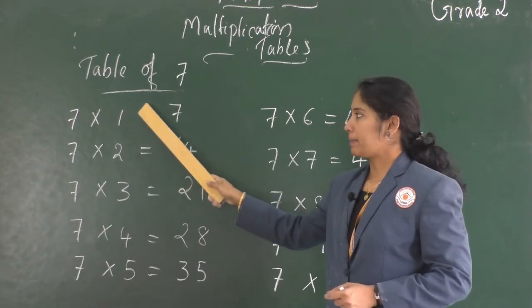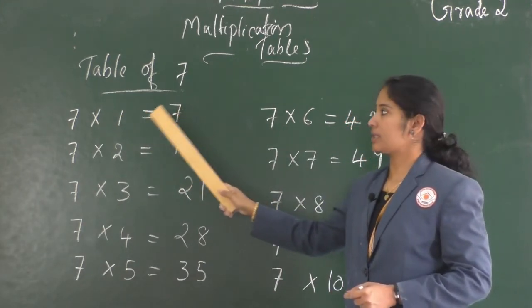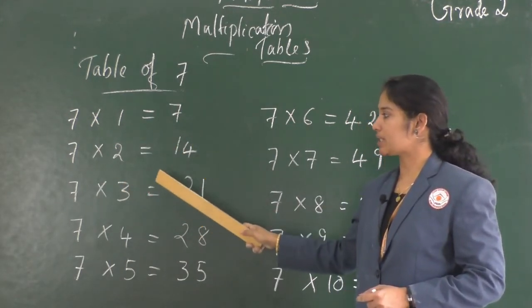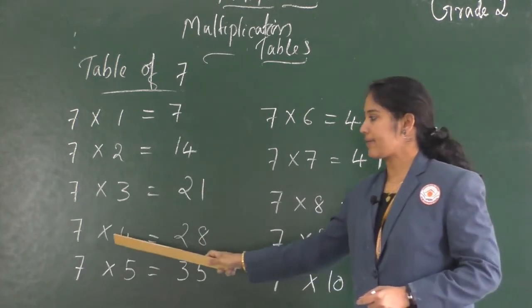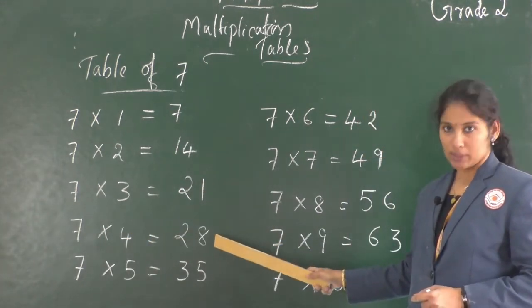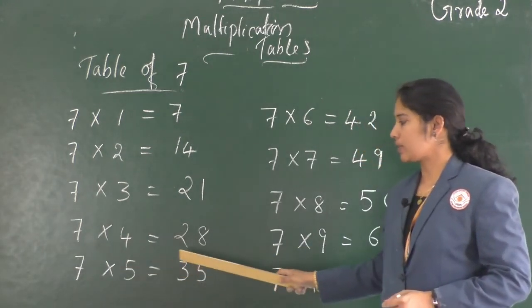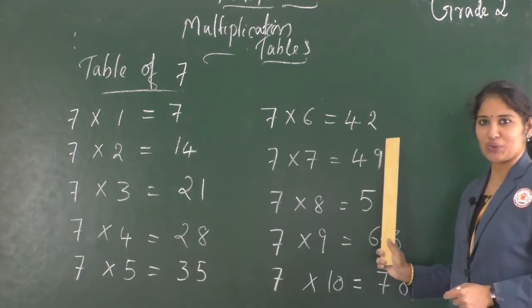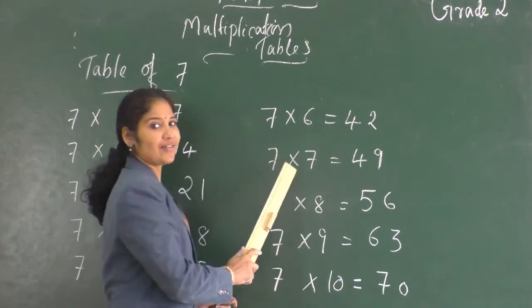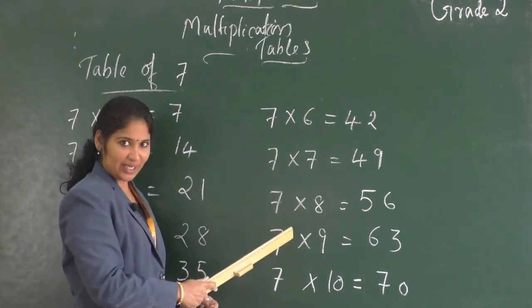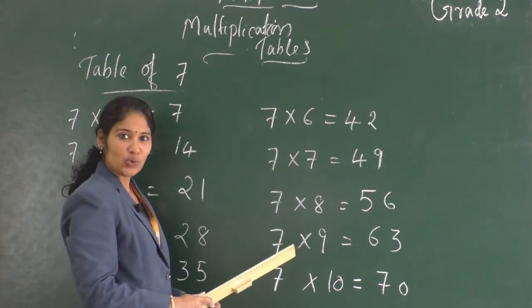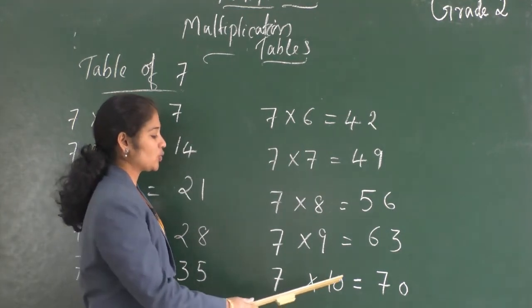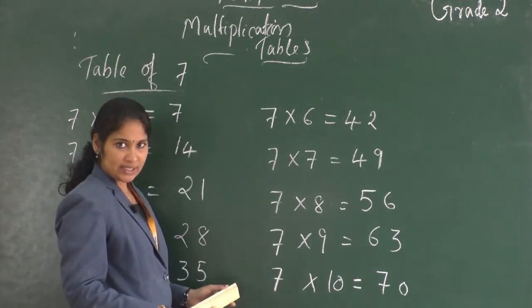So 7 multiplied by 1 is equal to 7, and 7 into 2 is equal to 14, 7 into 3 is equal to 21, 7 into 4 is equal to 28, 7 into 5 is equal to 35, and 7 into 6 is equal to 42, and 7 into 7 is equal to 49, 7 into 8 is equal to 56, and 7 into 9 is equal to 63, 7 into 10 is equal to 70.